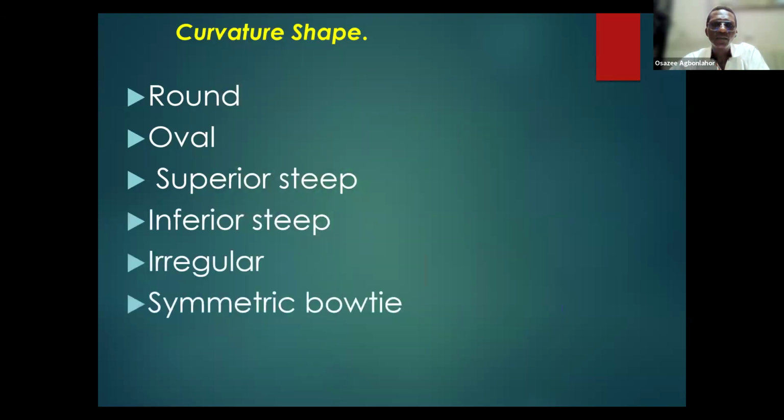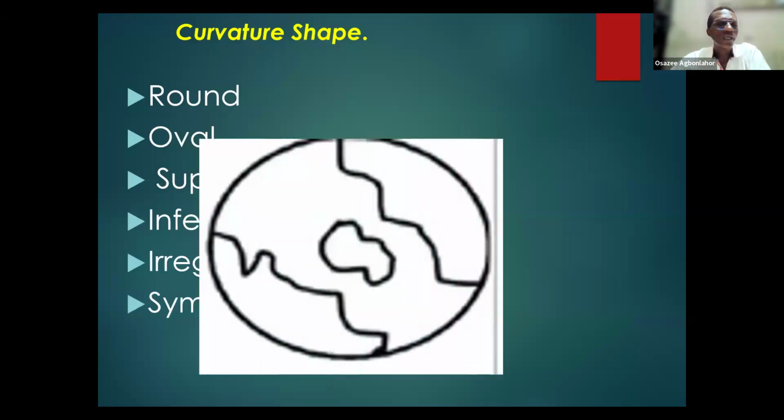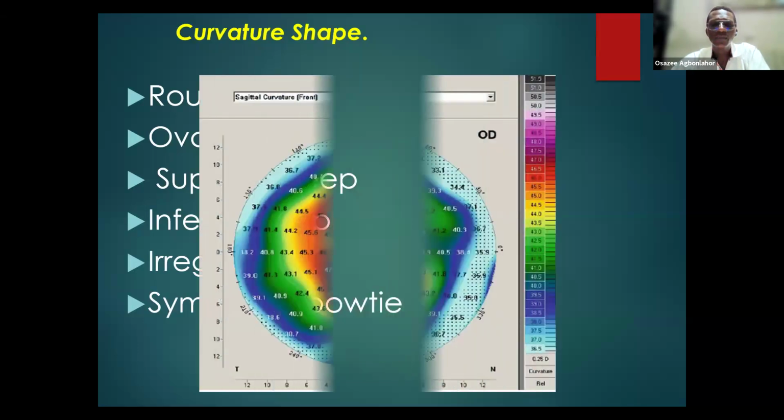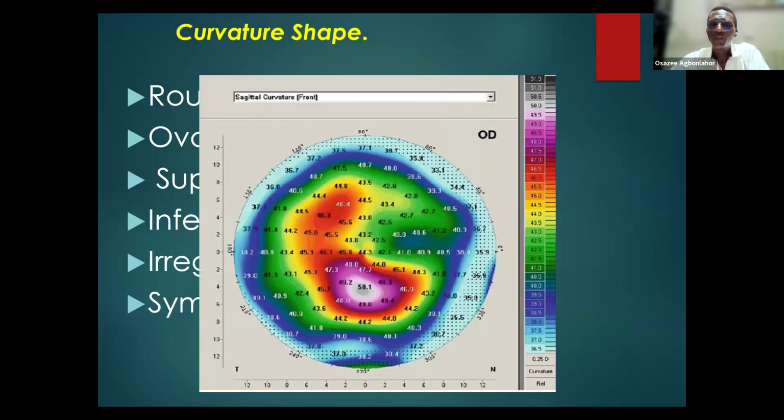And of course, you have the irregular pattern where the cornea does not have any regular shape. It's just too irregular. We call this kind of astigmatism higher order aberrations. This is usually seen in diseased corneas where patients really don't see well.